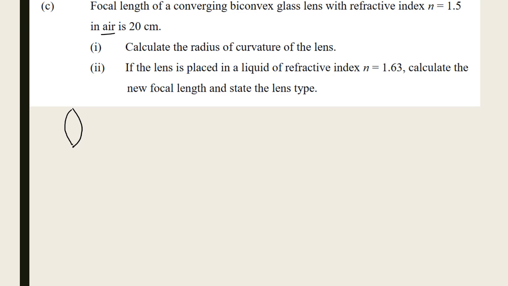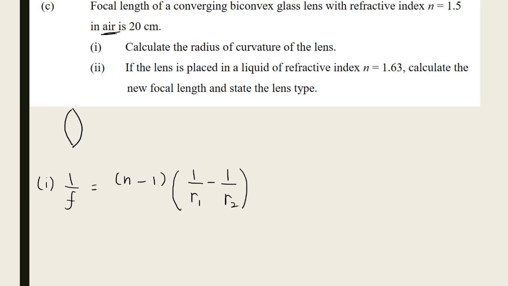Okay, let's use lens maker's equation. The equation is 1 over f equals, this is in air, so n minus 1 divided by 1, because n equals 1 for air, 1 over R1 minus 1 over R2.